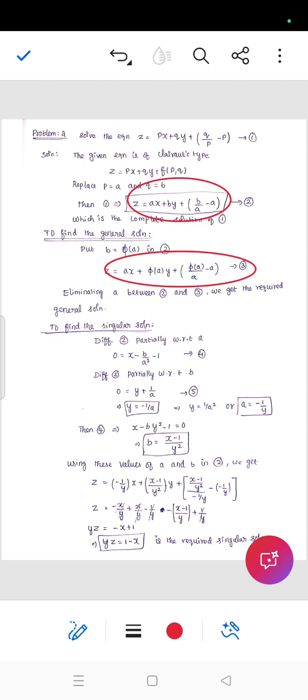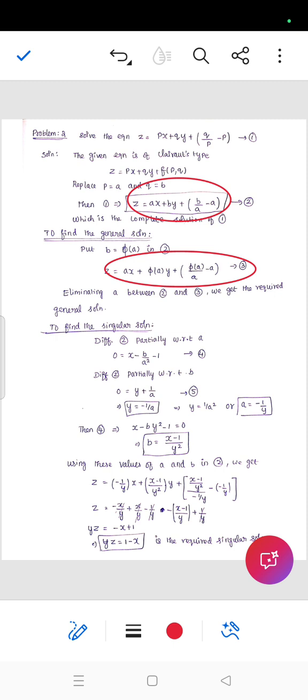Next step, you have to find out the singular solution. How do we find the singular solution? For finding the singular solution, we have to take the complete solution, that is equation number 2. Differentiating partially with respect to a and partially with respect to b, we will get the equations 4 and 5 respectively.